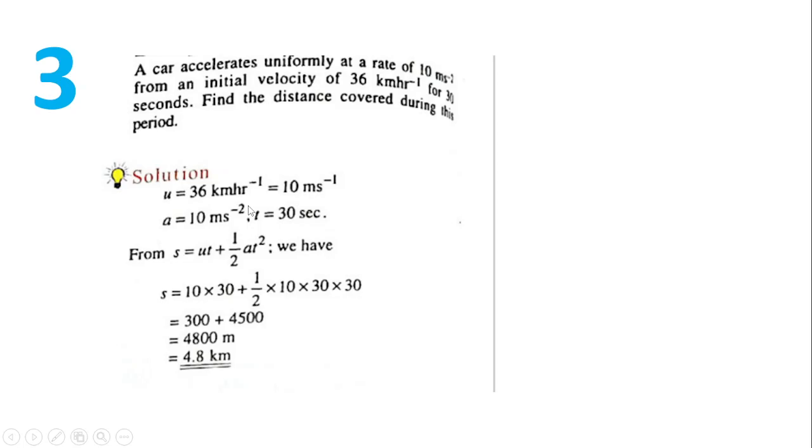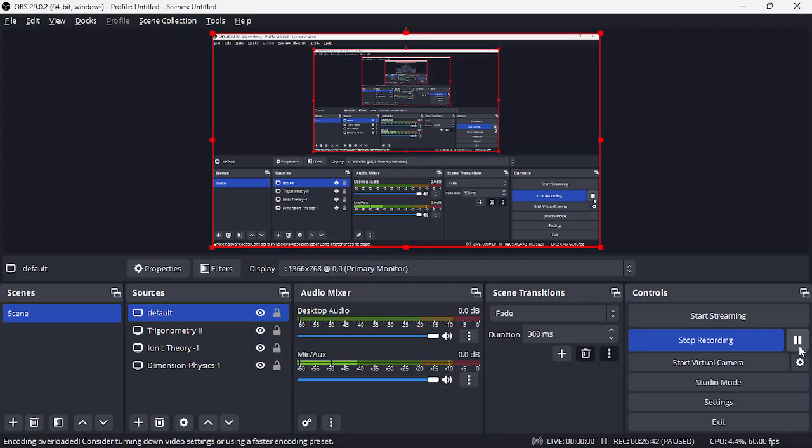So now let's look at the velocity time graph. A bus moves from west with a uniform acceleration of 2 meters per second square for the first 10 seconds.